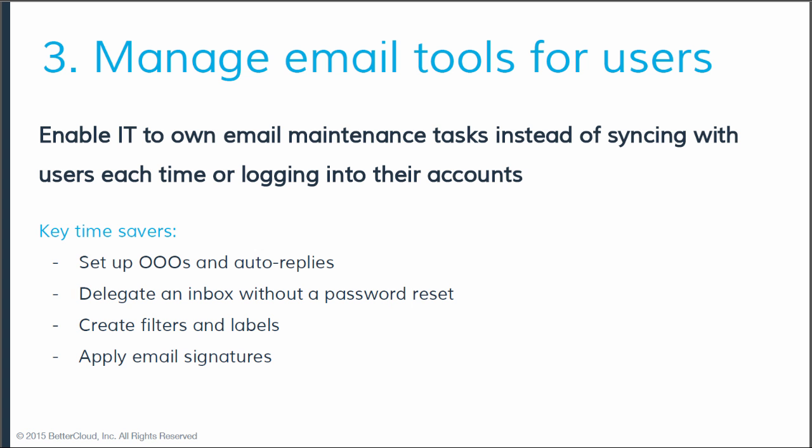One of the third areas that we feel is a real time saver and a real way you can automate tasks is to manage email tools for users. One of the basic principles of cloud-based email systems is putting some control back into the end user.